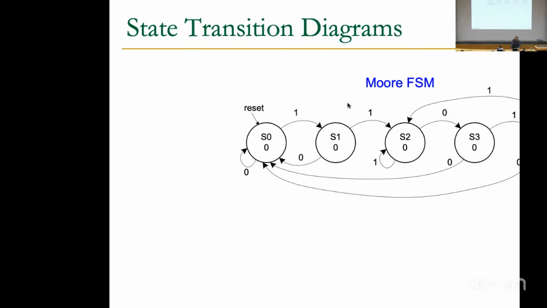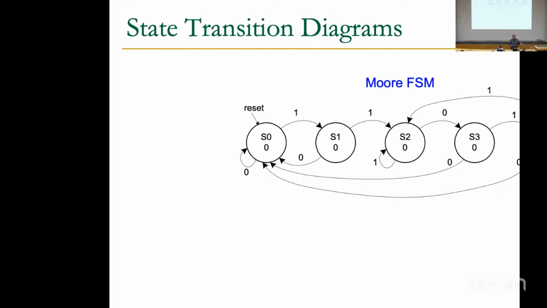But if you see 1, you get back to this state because the patterns can overlap. Meaning that if you have 1, 1, 0, 1, and then 1, 0, 1, this can also be another pattern. That's why from S4, if you see 1, you move back to S2, in order to detect these overlapping patterns.